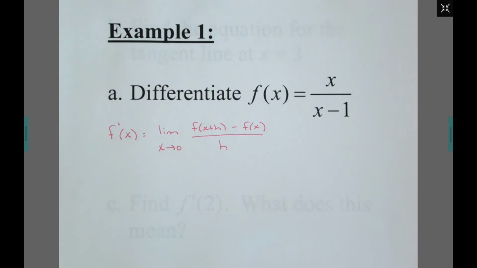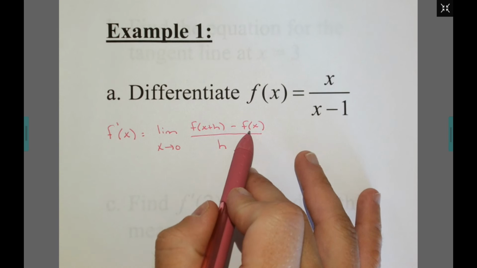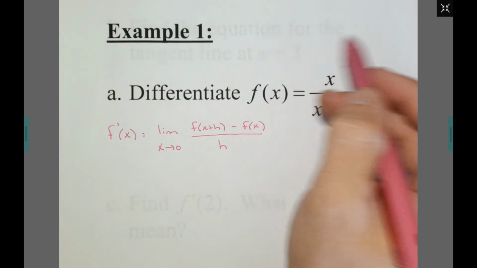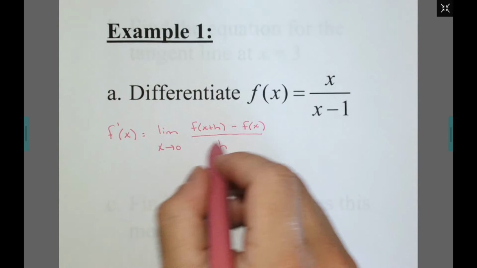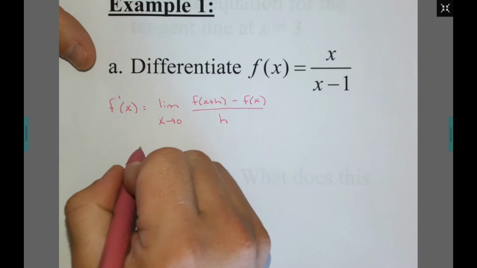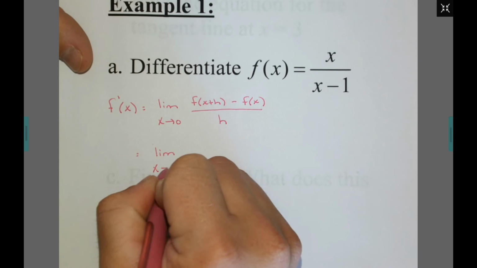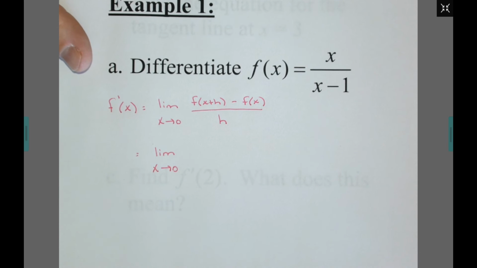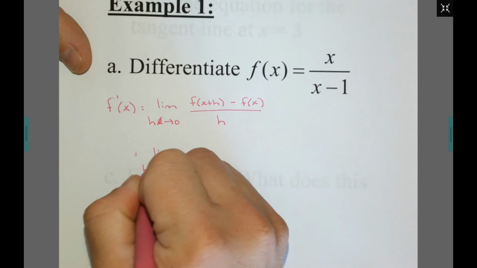Just like we did before, it may be beneficial to find this f of x plus h and f of x before, like when we lay the foundation. Or we could just plug in. For today, I'm just going to plow through this. So we're going to have limit as h goes to 0.